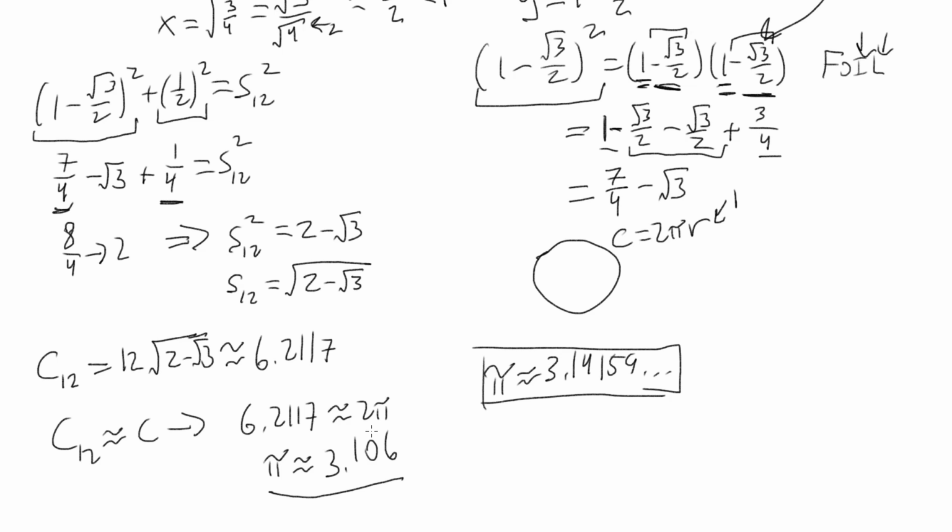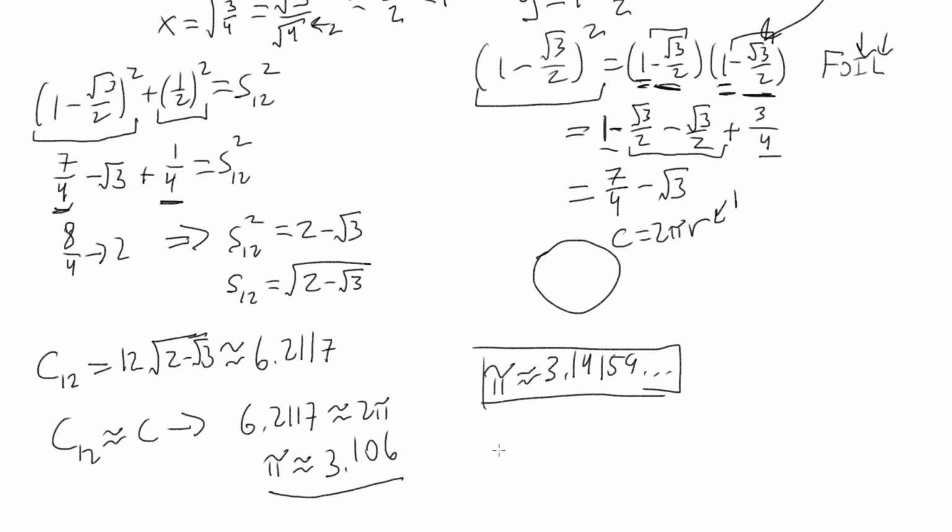So if you were to keep doing this method of splitting your previous triangles in half and then computing the new edge length and then multiplying by the number of edges you have, and then equating it to 2 pi, then of course dividing by 2, you can get closer and closer approximations of pi.